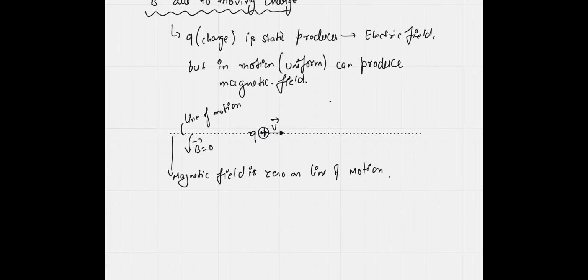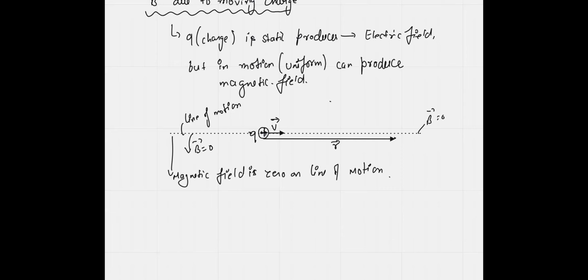So assume I'm going to take a distance r, somewhere here. This is your r vector, this is your v vector. We said this is the line of motion and we don't have any magnetic field over there.